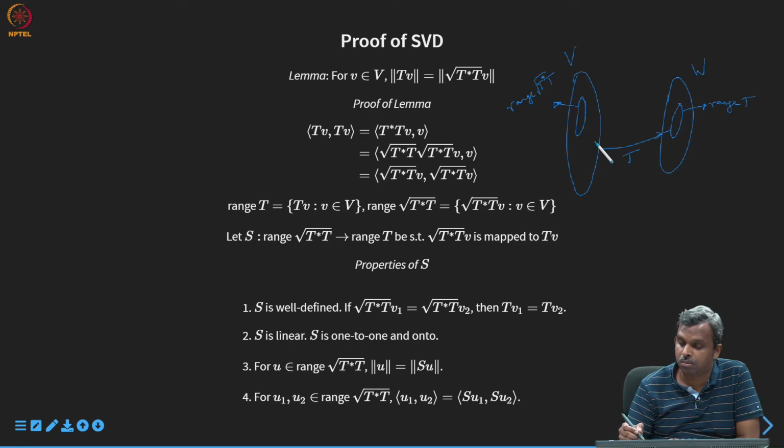It takes you from V to V, with its range being the range of square root T star T. From V it goes directly to that. So this is the sort of picture.